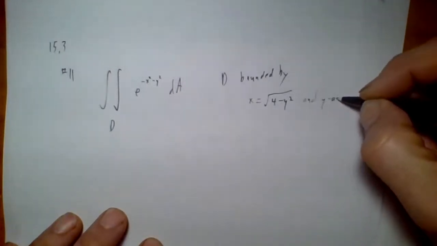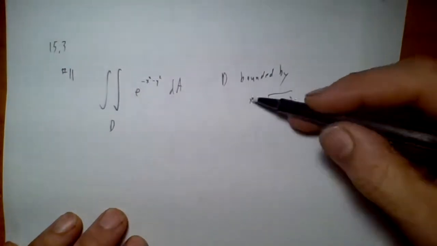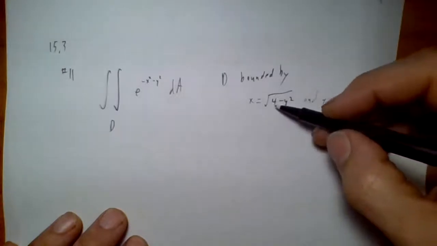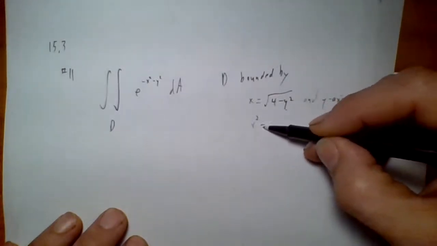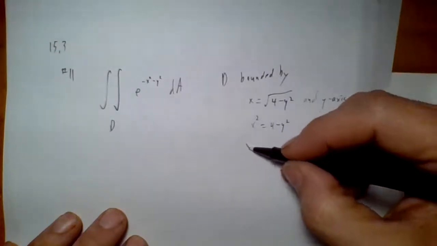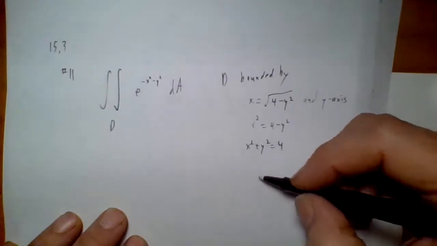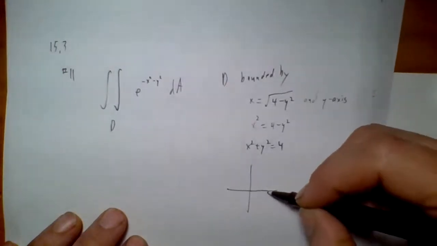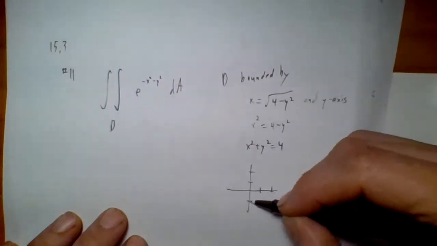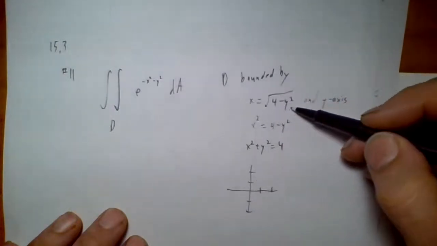So x equals square root of 4 minus y squared is part of x squared equals 4 minus y squared, so x squared plus y squared equals 4. It's a circle of radius 2. But it's a semicircle because x equals just the positive square root of that.